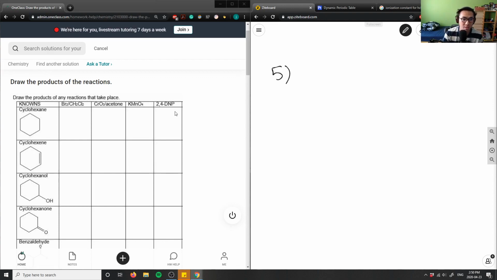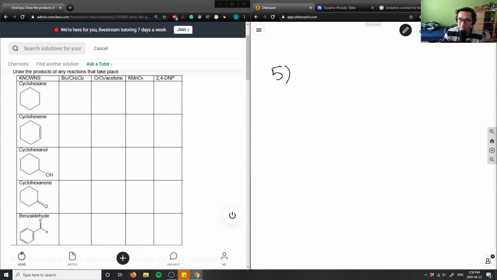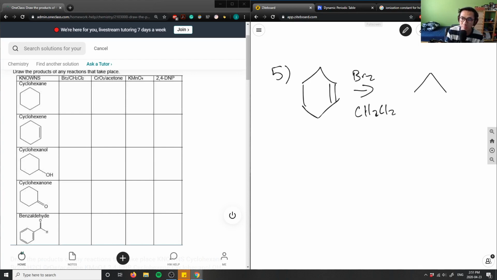So in this case, cyclohexane does not get anything. That's fine. But cyclohexene does have a reaction. Cyclohexene with Br2 in CH2Cl2 is a bromination where I'm adding across the double bond, so I get Br and Br here.